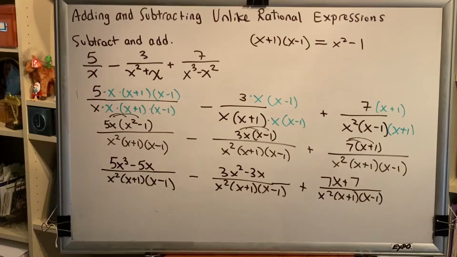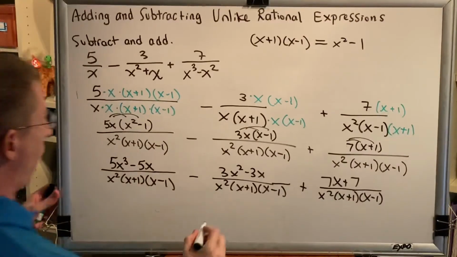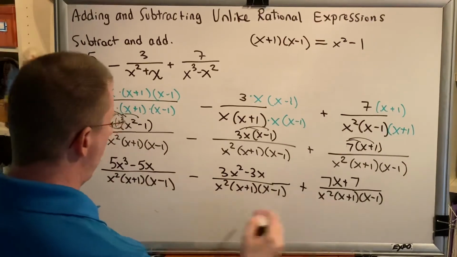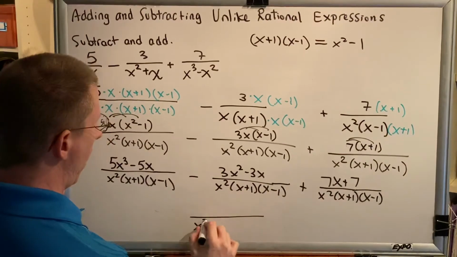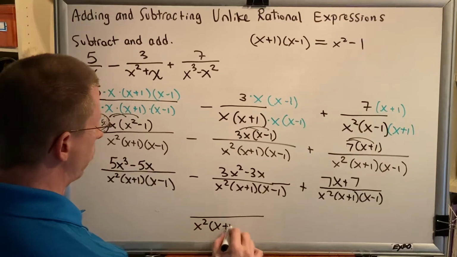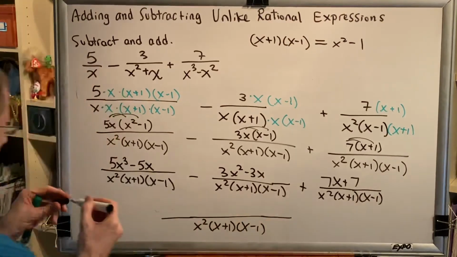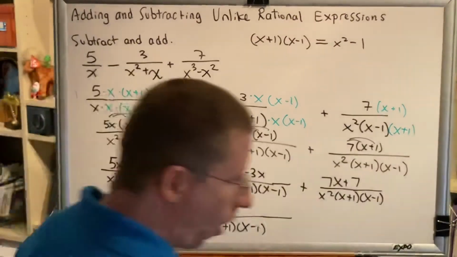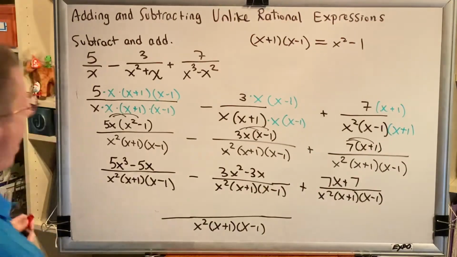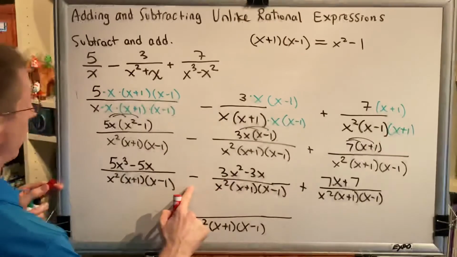Now we are finally ready to combine our three fractions into one fraction. We keep the common denominator, x squared, x plus 1, x minus 1. Now, when it comes to our numerators, we add or subtract depending on the symbol in between the fractions.